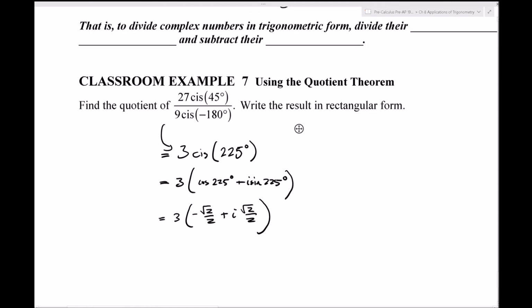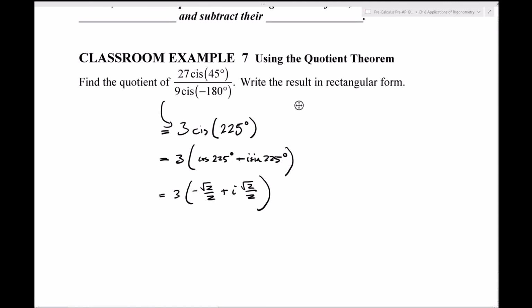That's just unit circle. Now what do we do? We distribute the 3. Rectangular form shouldn't have things like this where it's factored. It should be just a real part plus an imaginary part. So negative 3 square root of 2 divided by 2 plus I times 3 square root of 2 over 2. And that's it. That's written in rectangular form.